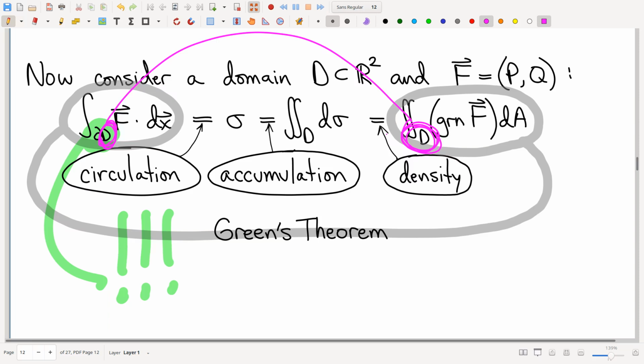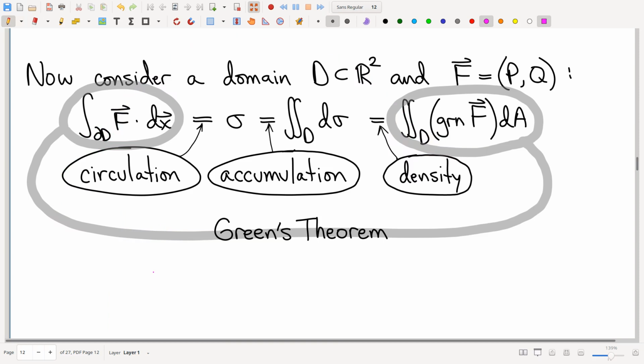Did everybody see that? That's a nasty little sticky wicket, right? If your curve is not a boundary, there is no region on which to do your double integral. So it's an instant crash and burn. Nothing works if your curve is not a boundary. So that's what we need to worry about first.